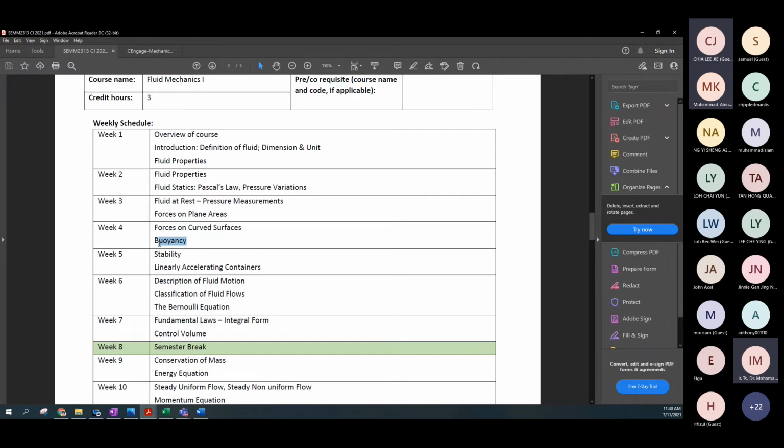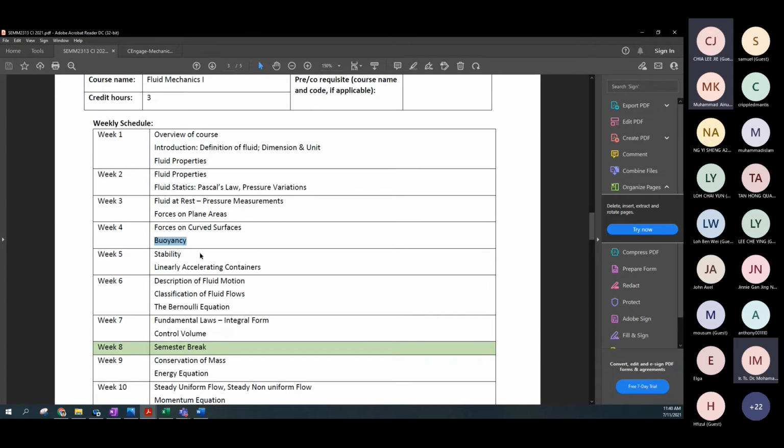The buoyancy force is the force acting vertically upwards at the centroid. To calculate it, FB equals gamma of fluid multiplied by displaced volume. When you do the free body diagram with the fluid at rest, the weight of the object equals the buoyancy force.